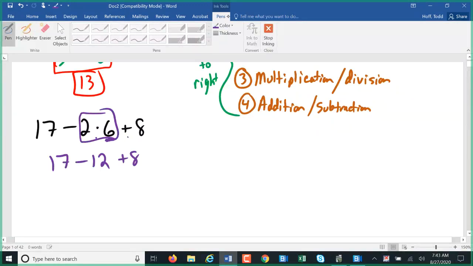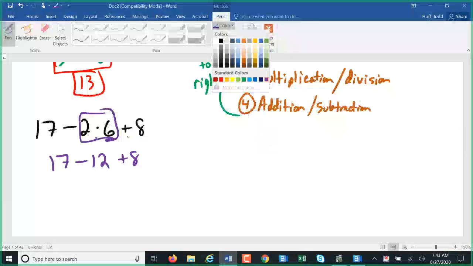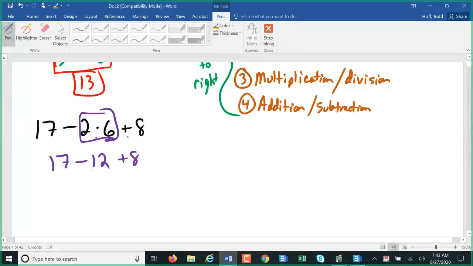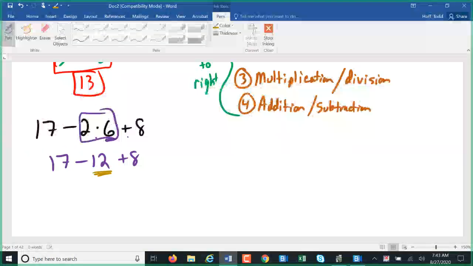Well, the 6 is gone, so we can't work with the 6 anymore. The 6 has been replaced with the 12. If I want to keep focusing on it, I can, or I can pick a different number to work with. But with that 12, there's subtraction in front of it and addition after it. They both have the same level of priority.